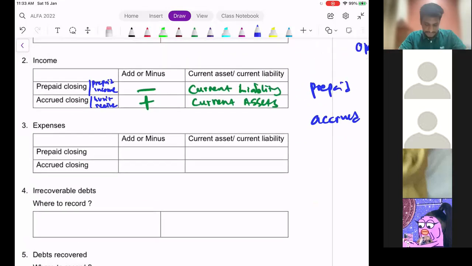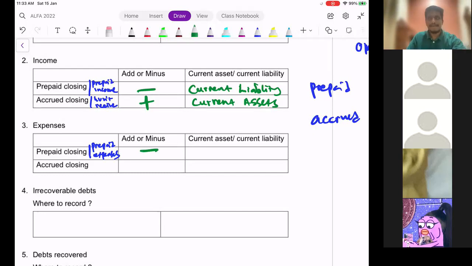Okay, example number 3. Adjustment number 3, expenses. Prepaid closing. What does prepaid closing mean? Prepaid expenses. What is prepaid expenses? You overpay the guy. If you overpay the guy, we will minus from this year's expenses. Why do we minus? Because it's not for this year, it's for next year.